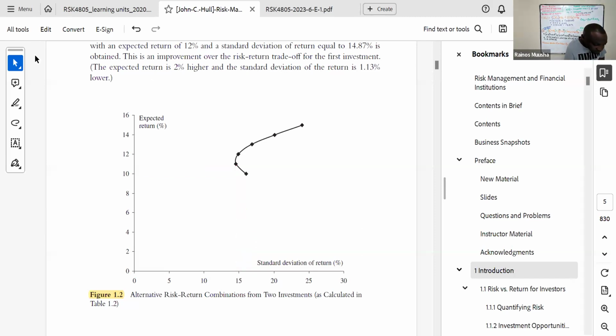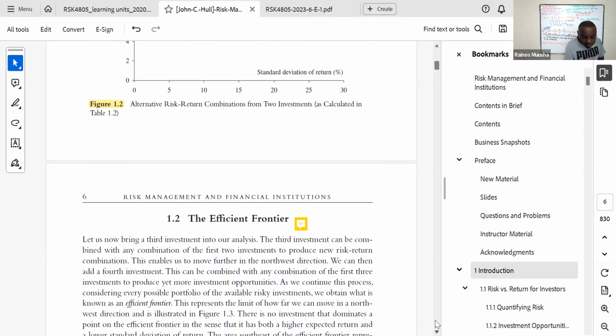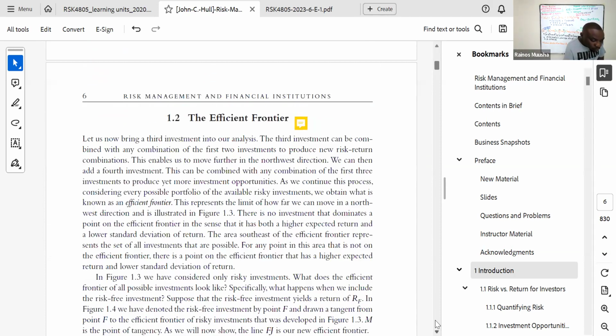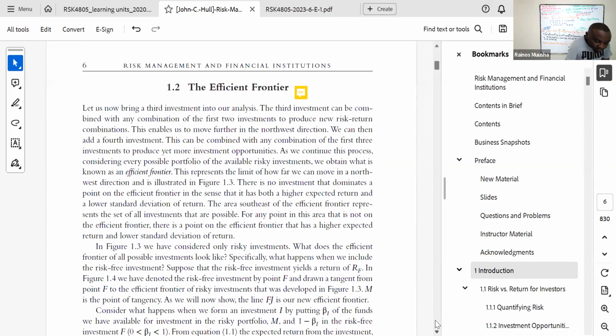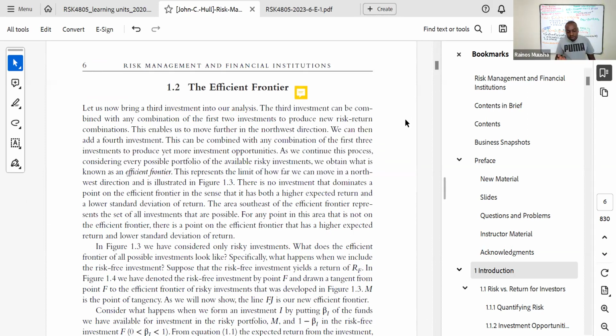From the given information, they go on further. So they are now plotting this graph against the expected returns. In the next section, we now look at the efficient frontier. With the efficient frontier, remember we said that there's a relationship between risk and return.